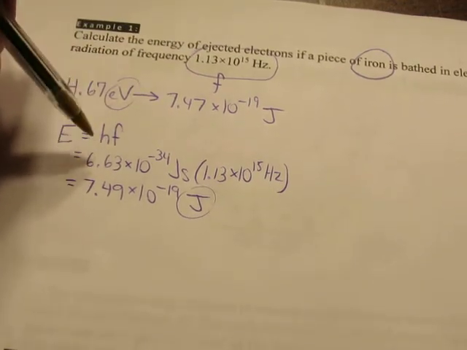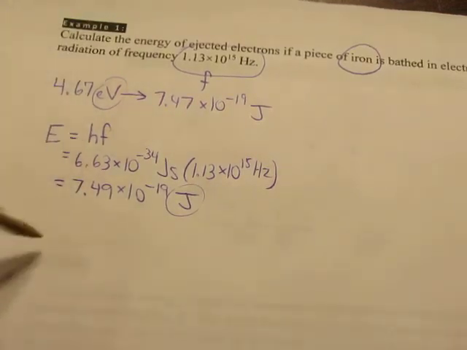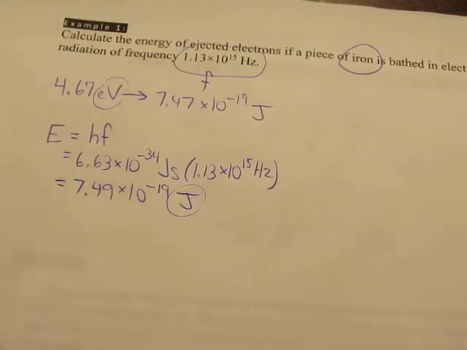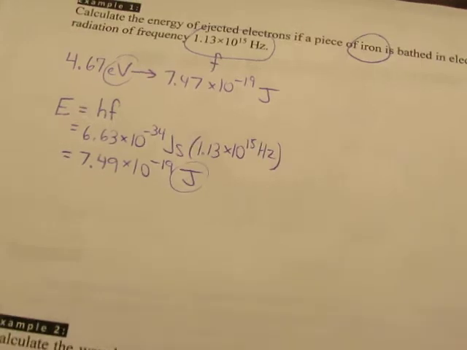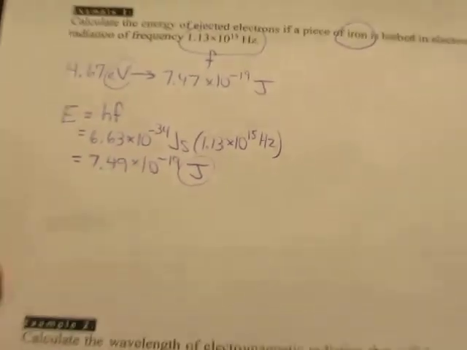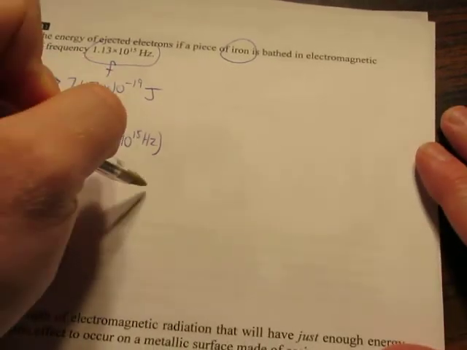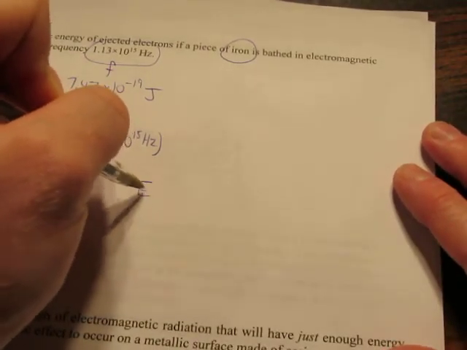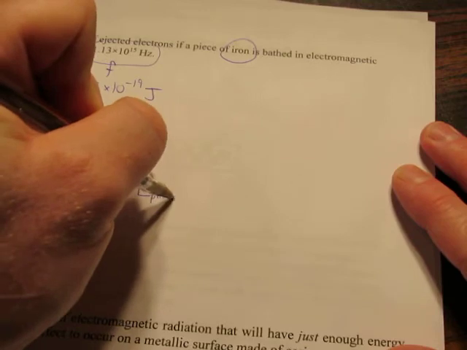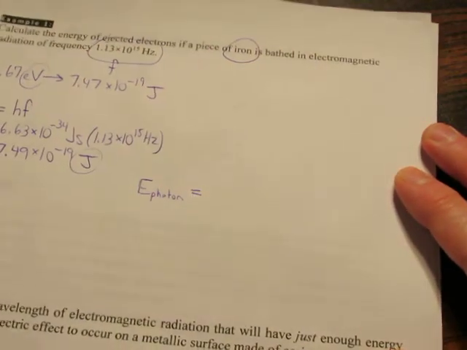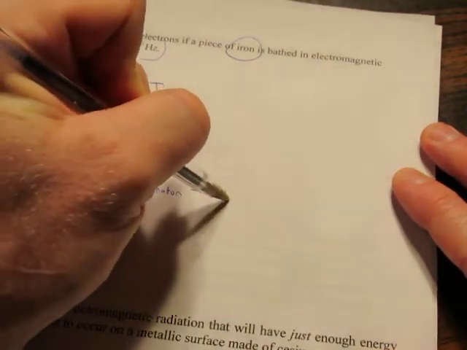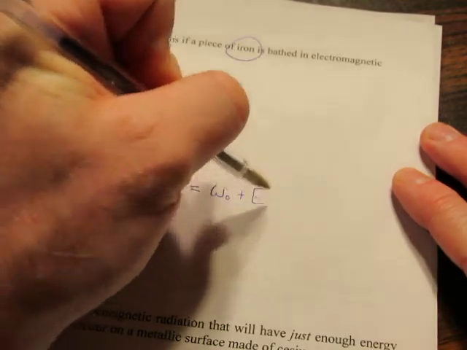But again, I don't like the way this is written out. I was going to subtract the two and get an answer, but really, what formula are you going to use at that point? The real way of doing this, I'm going to leave those numbers up there just for reference, but let's do it like this instead, because really, this is the point. Conservation of energy. All the energy before equals all the energy after. Work function and photon energy.